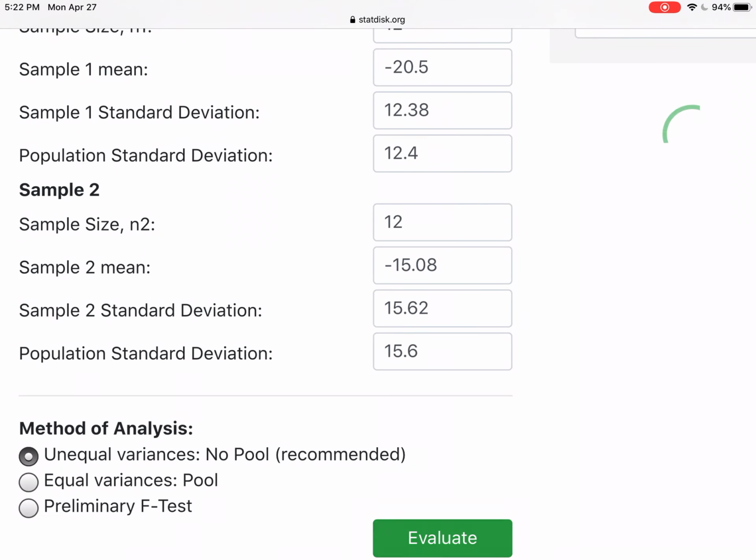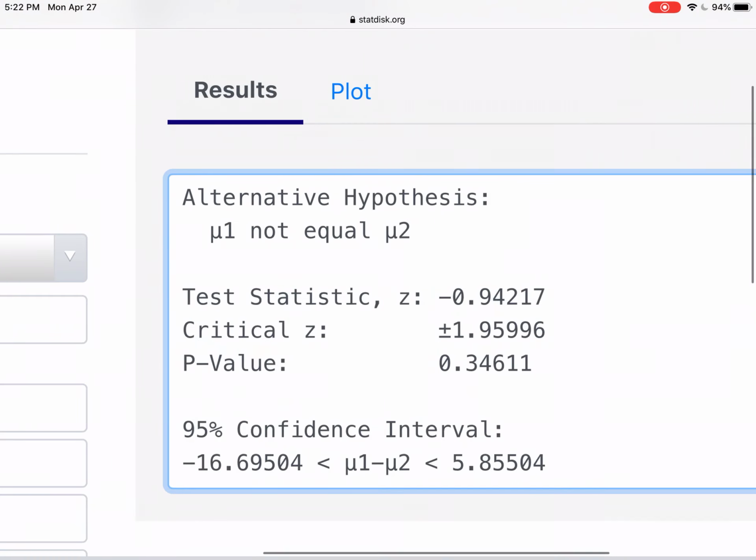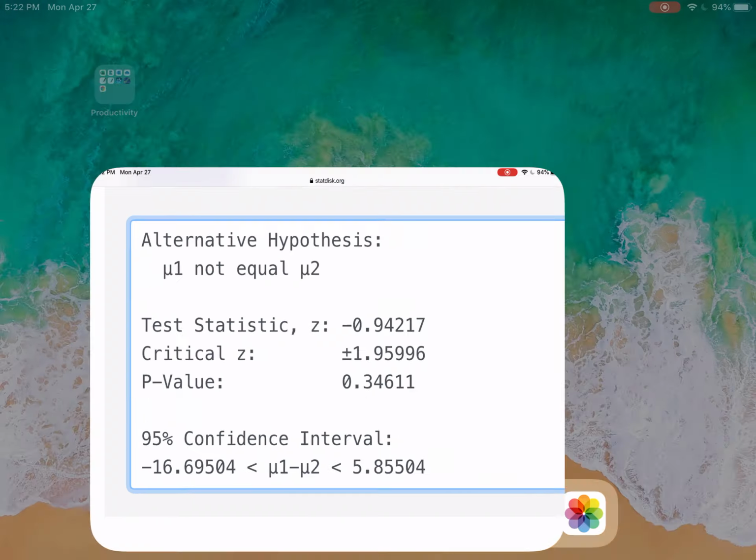And when we evaluate it, here is our output. Notice that we have Z statistics instead of T statistics. Our p-value is 0.3461.